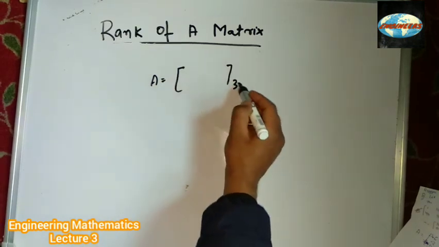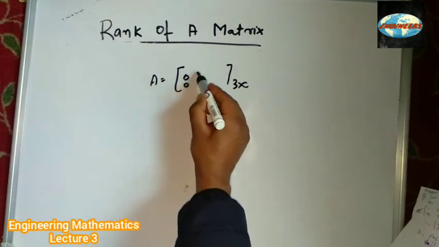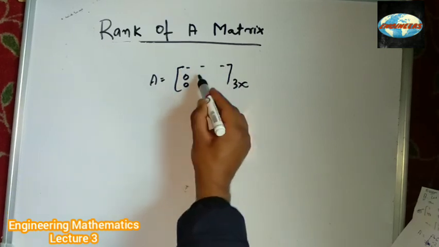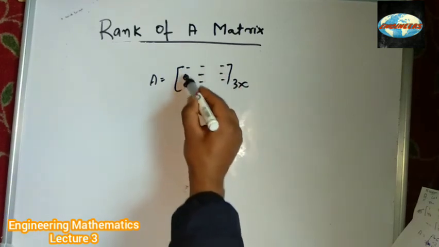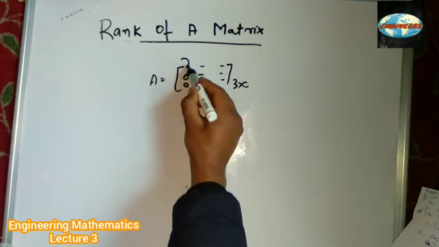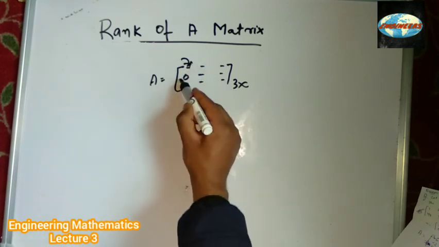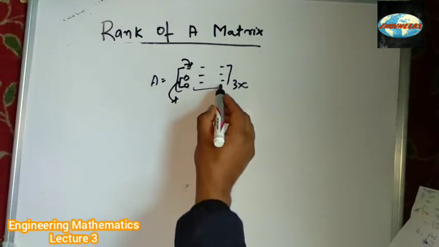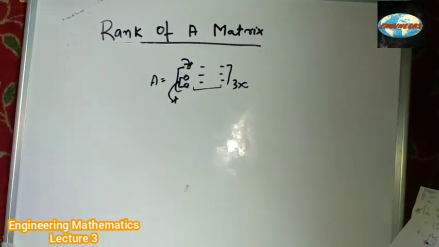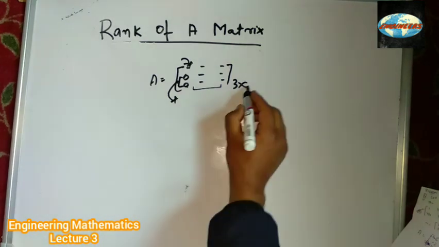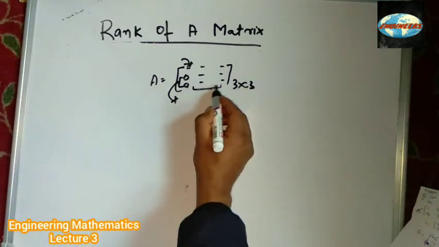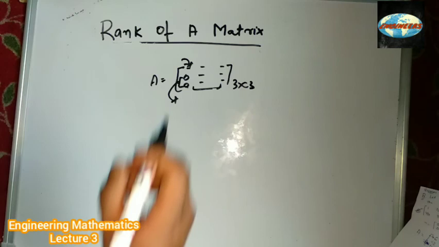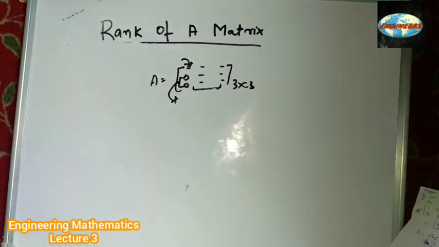If it's a 3x3 matrix, in the first step try to make these two elements 0 with the help of this row, and in the second step apply an operation between these two rows and try to make this element 0. If the rank has to be less than 3, these will ultimately become 0 and we will get the determinant value as 0. So the rank will not be equal to the order of the matrix; it will be less than that.